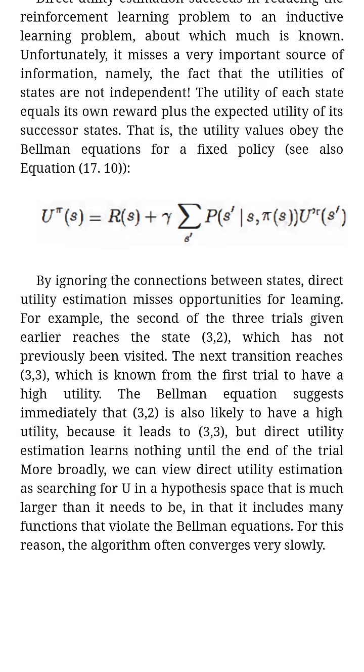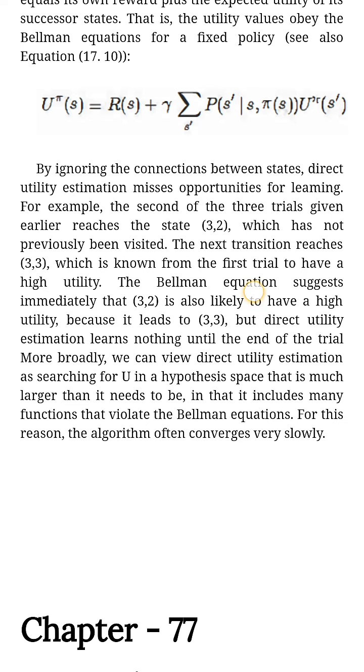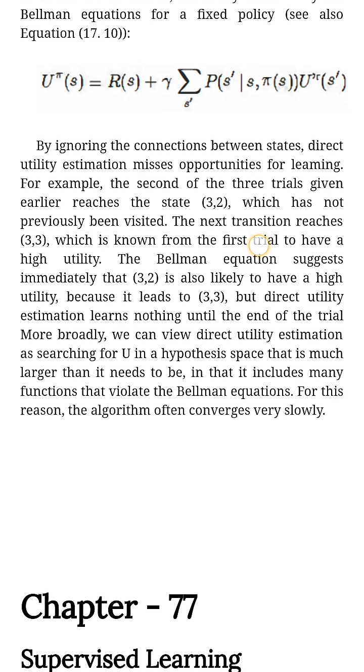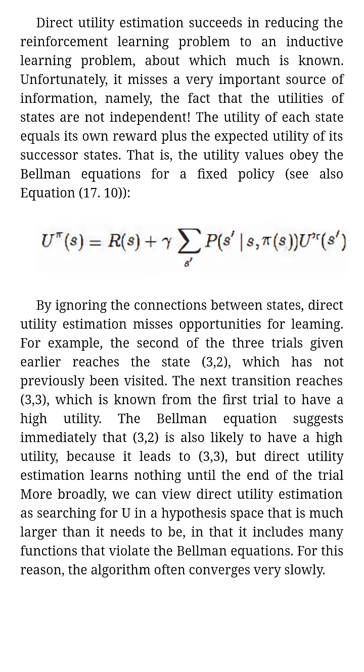By ignoring the connections between states, direct utility estimation misses opportunities for learning. For example, the second of the three trials given earlier reaches the state (3,2), which has not previously been visited.